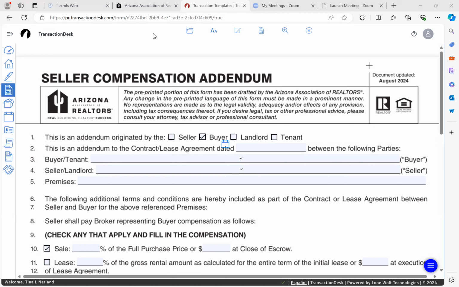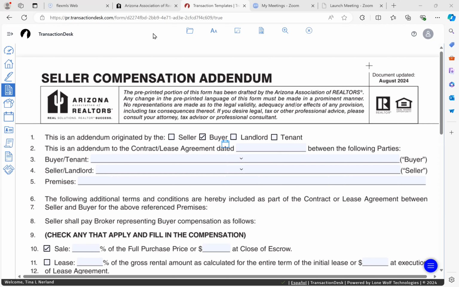Question by Shane: does it seem it would be more common that a selling agent would send this over to a buyer agent during initial conversations? You know, Shane, I don't know, because it's a new form. I can tell you though that I had someone reach out on one of my listings asking me to show the home. I texted them and said, thank you for your showing, my seller is willing to compensate the buyer's agent 2.5%.